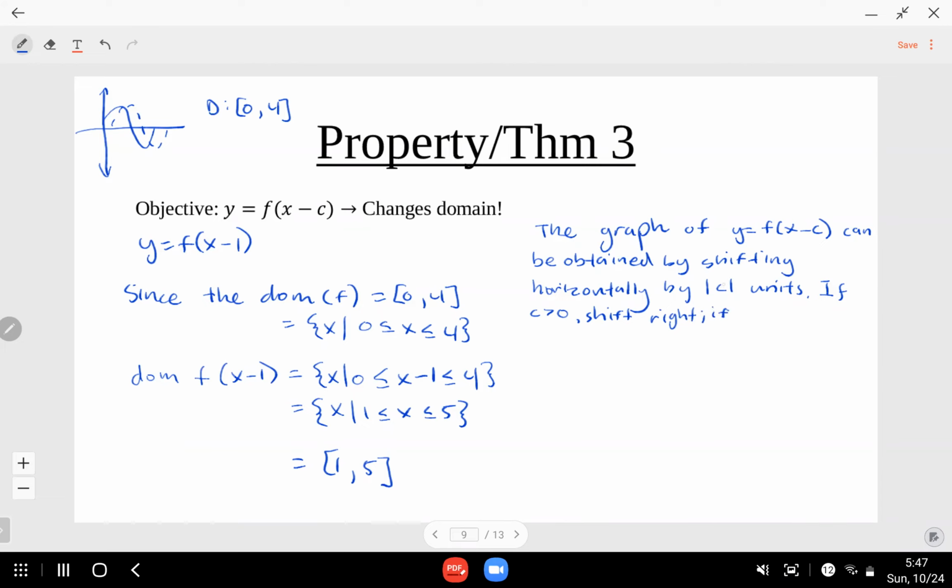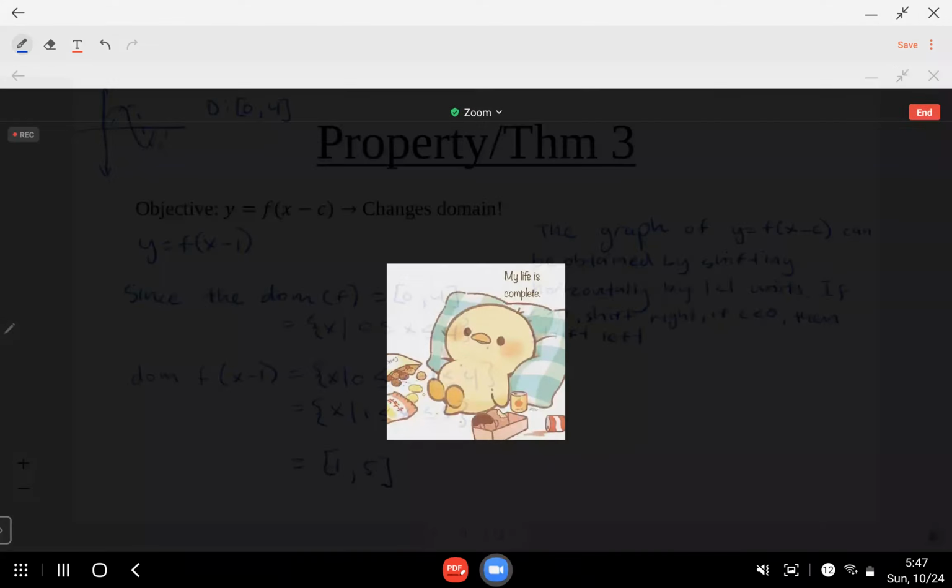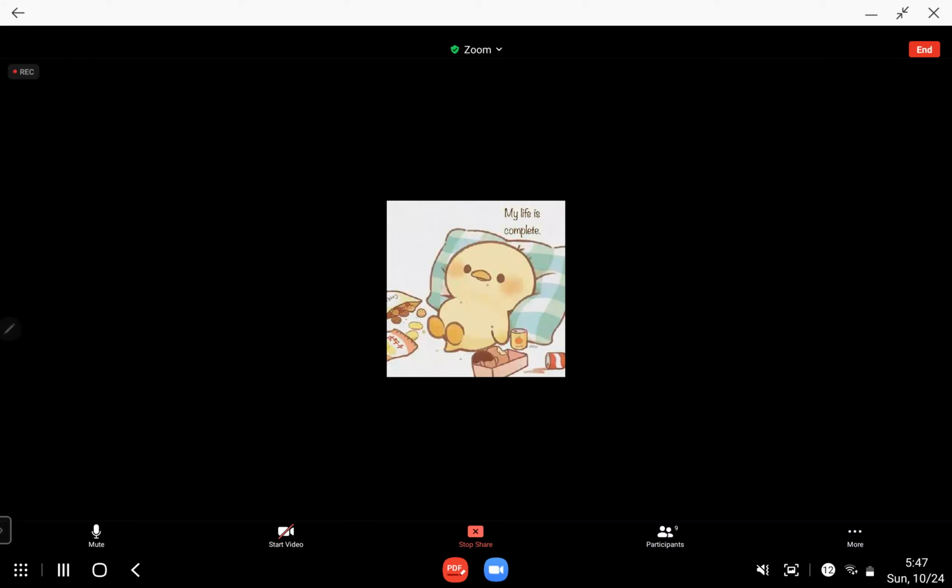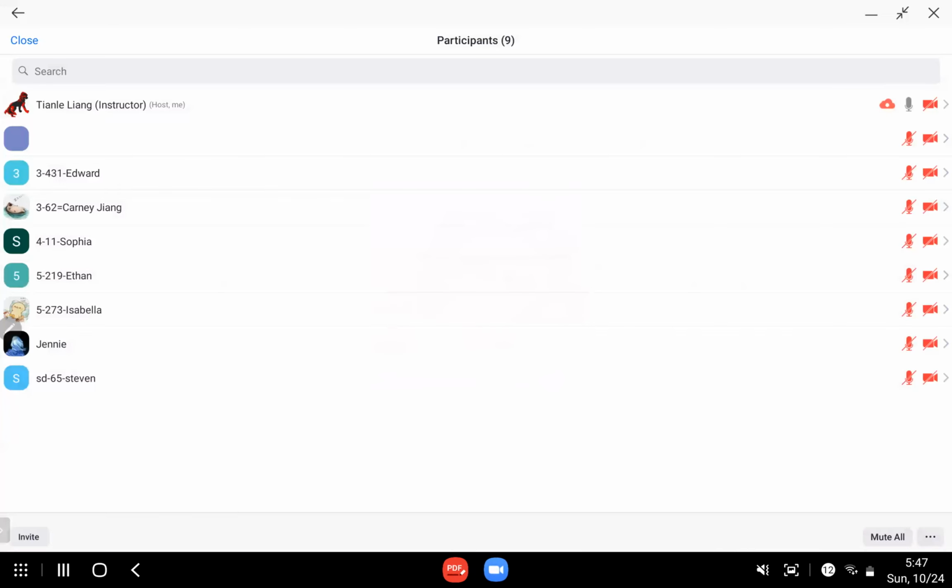If c is less than 0, then shift left. So, are there any questions? If there are no questions, then I'll move on to another theorem. No questions? All right.